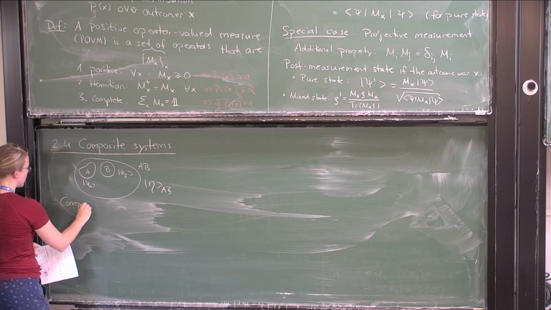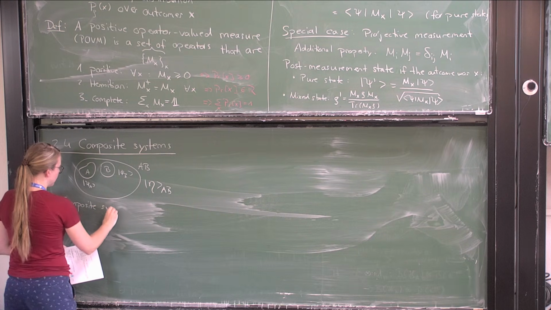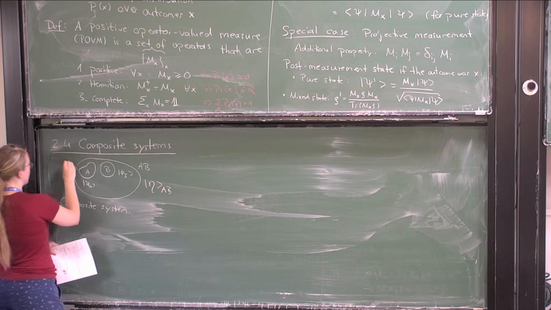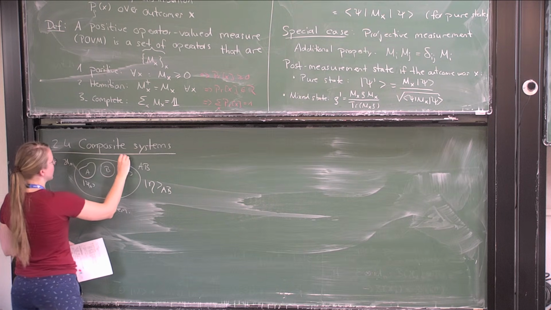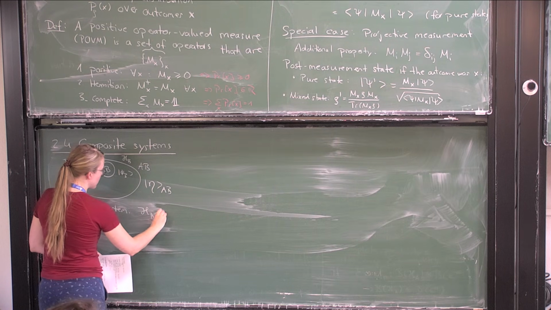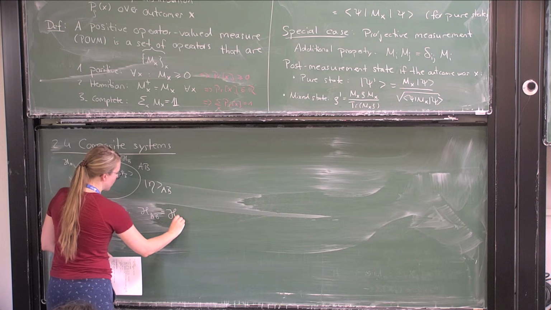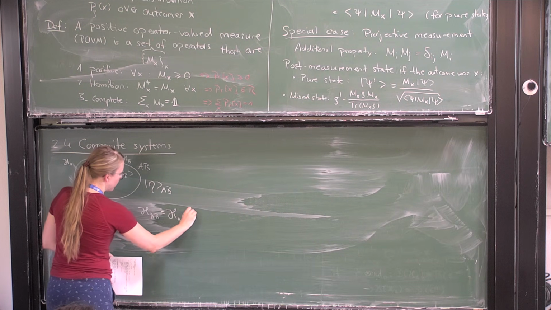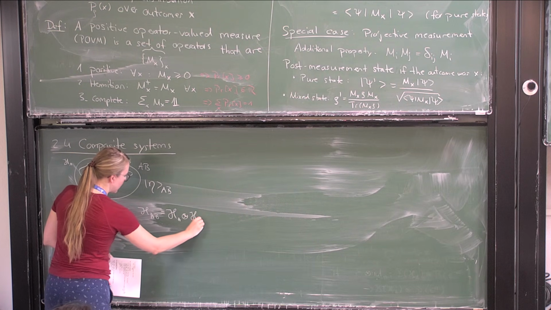So a composite system. Hilbert space HA, Hilbert space HB. Then my Hilbert space of the composite system is simply the tensor product of HA and HB.